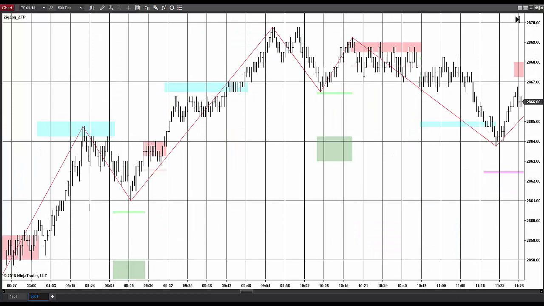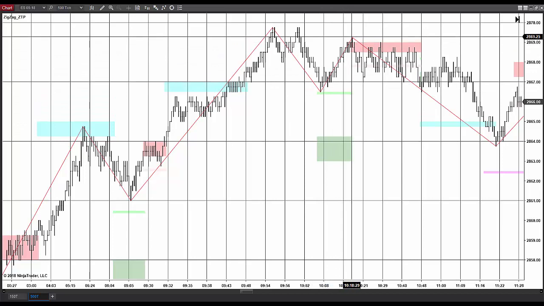What is actually more common to see than the last two examples I gave you is just that we will form an exhaustion trade here at this test of a high. The exhaustion trade again is formed by the pullback here to minor and then testing the high here at 28.69 1/4.